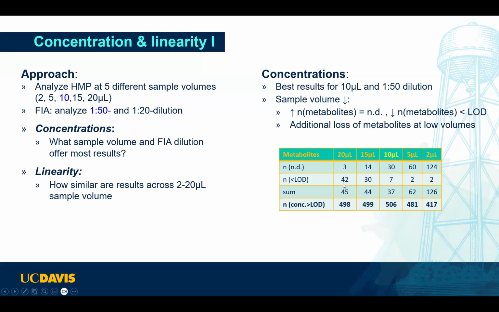We have some also that were still providing some sort of data, but it was very uncertain as it was below the limit of detection. So overall, at the very low sample volumes used, we have a lot of data lost that we can actually look at when we use the other 3 sample volumes. And from that, we can see that the 10 microliters give us the most results with 506 metabolites.